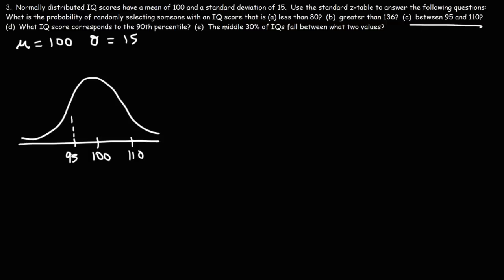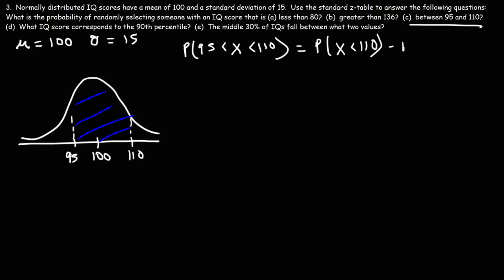So we need to calculate the area of this region highlighted in blue between 95 and 110. In order to calculate the probability that x is between 95 and 110, we need to take the difference of the probability that x is less than 110 and the probability that x is less than 95.